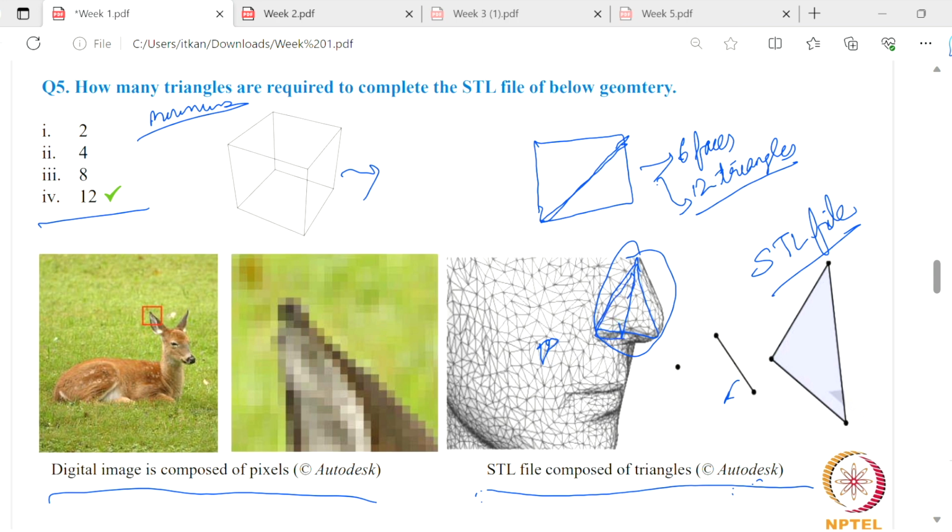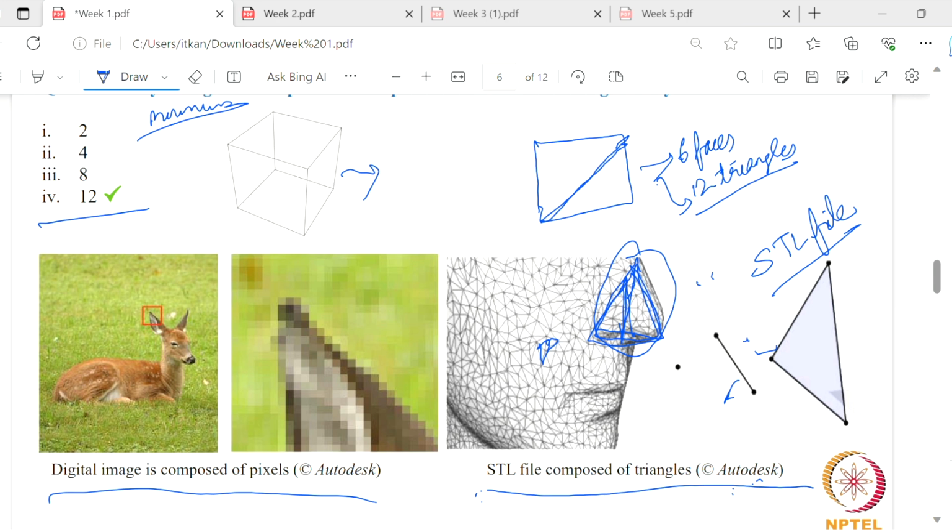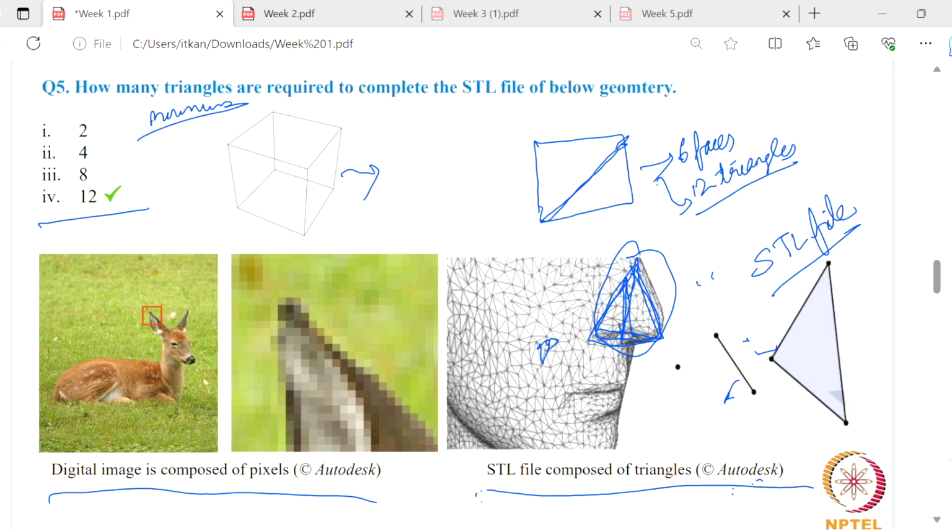If you do it with only two triangles, our nose will be pointed. So the more the number of triangles, the better will be the accuracy, as our dimensions will be more accurate.